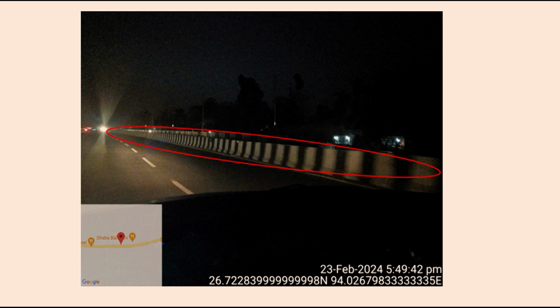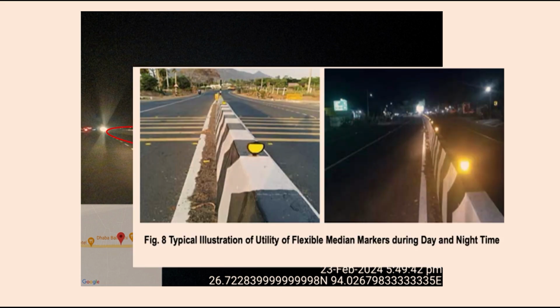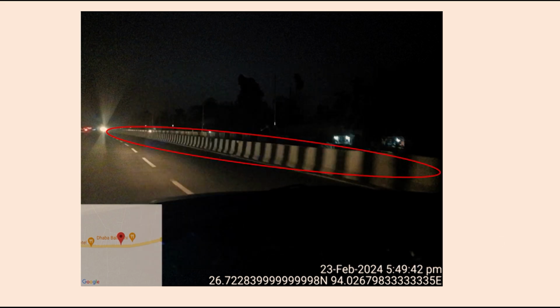It should have some reflectors, because the divider size is huge. The visibility of this kind of divider should be ensured by putting reflectors, so it can be properly lit. Here, if some driver makes a mistake and hits this divider, we will report in our FIR that there is a driver error, but it may not really be driver error.